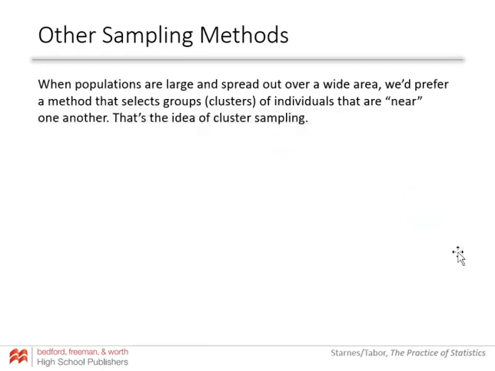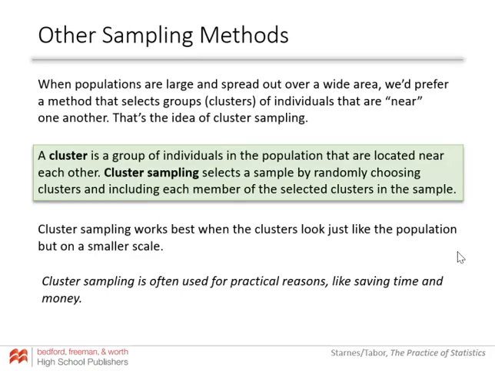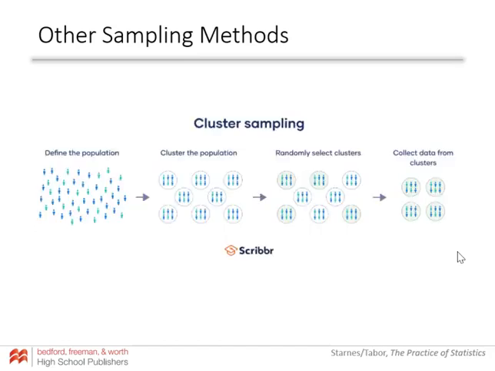Another method is called a cluster sample. And so this usually happens if our clusters are pretty similar, but there's some issues with how they are spread out, that picking people that are all close to each other might help me save some time and some money. So if we did, for example, let's say streets in a neighborhood.